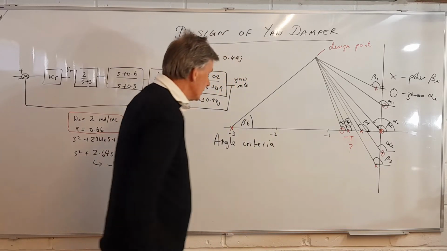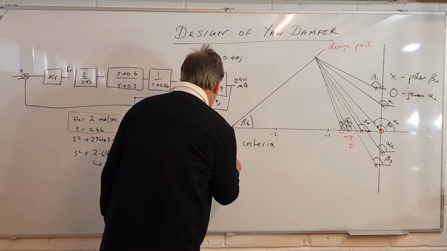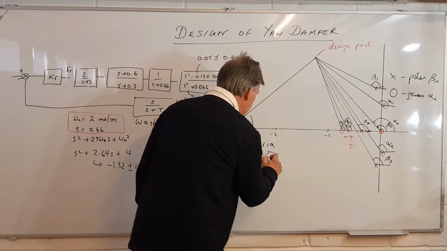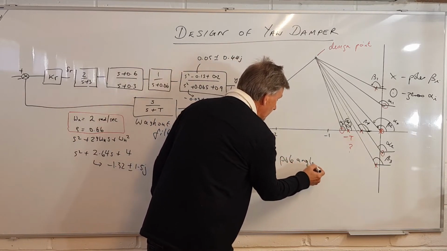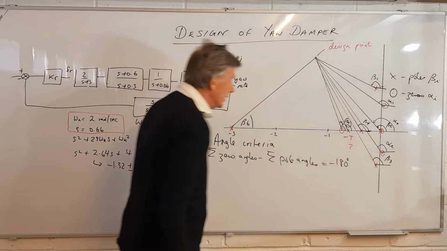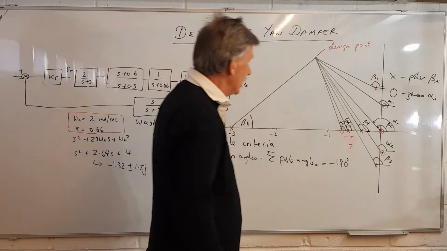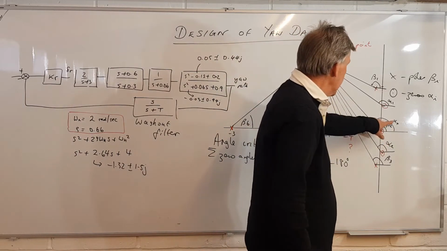Which is very straightforward. Remember, the angle criteria says that the sum of the 0 angles minus the sum of the pole angles adds up to exactly minus 180 degrees. So we can now get our 0 angles, and in our 0 angles we've got alpha 1, alpha 2, alpha 3 and alpha 4.